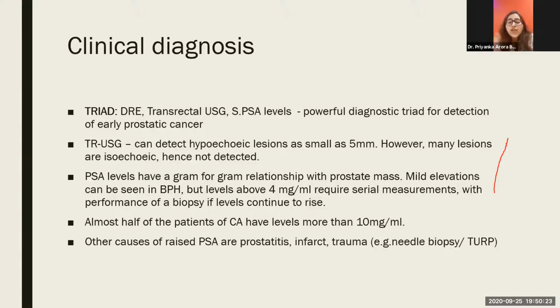You check for the volume, and for a given volume, if the serum PSA levels appear high in the absence of BPH, you basically think of could it be carcinoma, and in that case usually they opt for prostatic core biopsies. These core biopsies are taken from each of the areas of the prostate gland. So the entire prostate gland is divided into 12 to 14 areas, and every area is sampled. So around 12 to 14 core biopsies are taken.